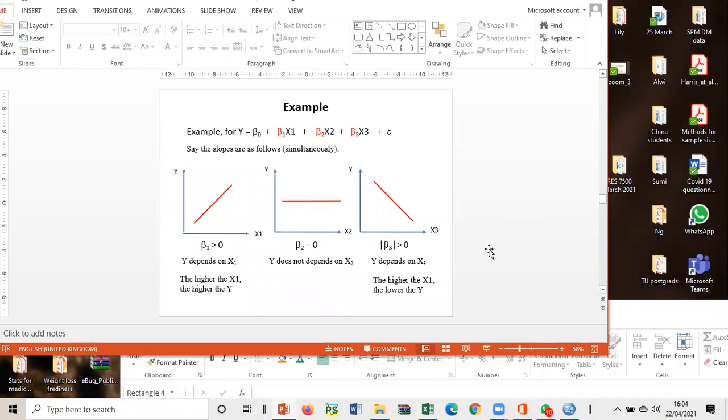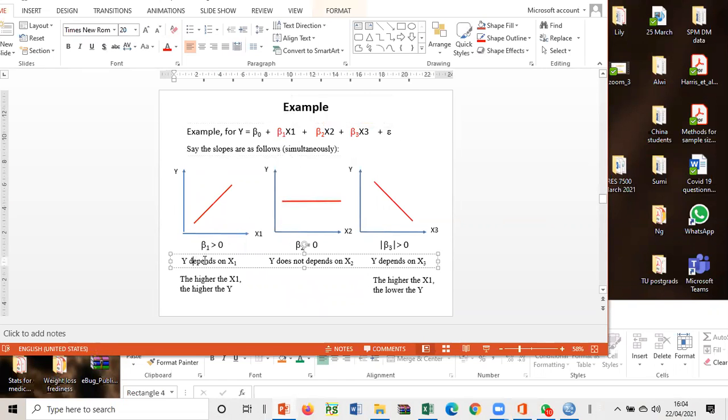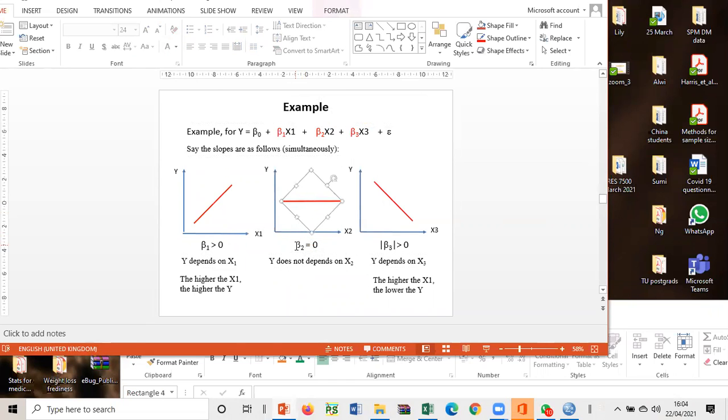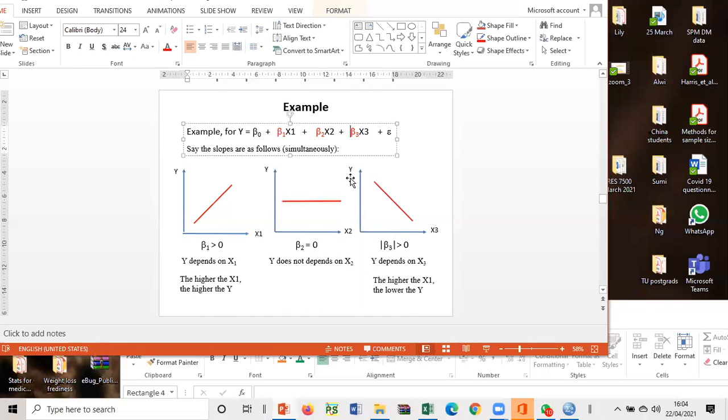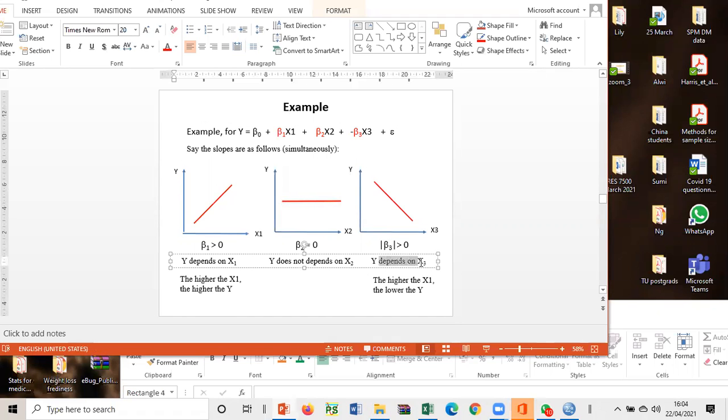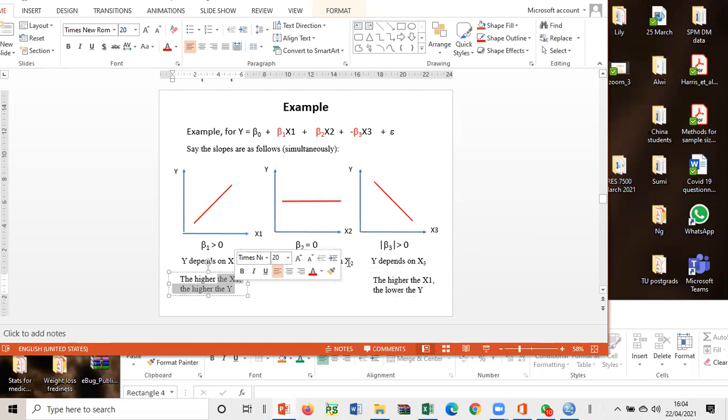Again, that's what is shown here. We have B1, B2, B3. If the slope of B1 is like this, then you say y depends on x1. If the B2 slope is like this, then you say y does not depend on it. Supposing it's negative, then still y depends on x3, but negatively. We can't see this manually, visually.